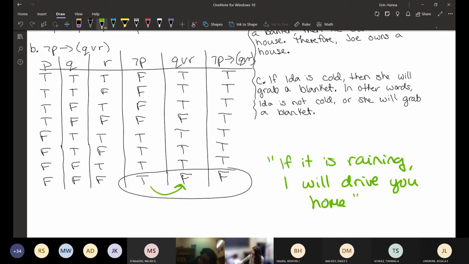If the first part is true, it's raining, but the second half is false, I don't drive you home, then I'm a liar. Since I promised you that if it was raining, I would drive you home, and it is raining, but I don't drive you home, then that statement I told you was false. It was a lie. So that's the reason why that's the only one that turns out to be false: the hypothesis is true, but I lied and didn't go through with my promise. Thank you. That's why that ends up being false.